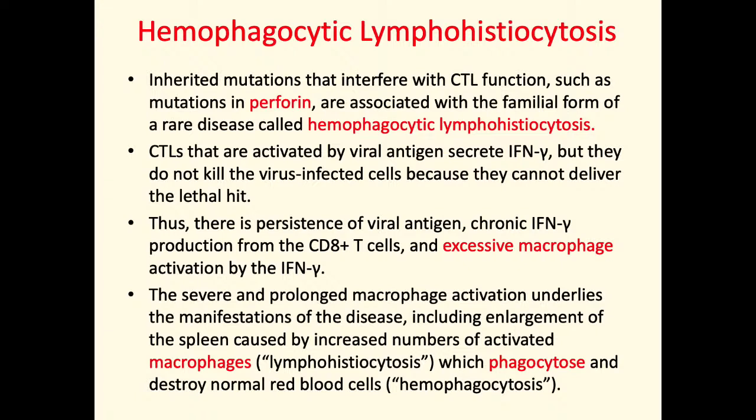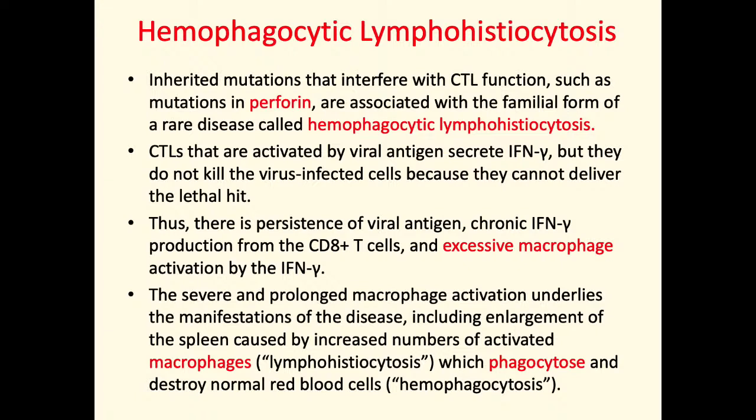When we have severe and defective activation, defective I mean very robust activation of T cells, it will release too many interferon gamma, and those interferon gamma will lead to activation of many macrophages, and normally we don't need those macrophages to get activated like too many.